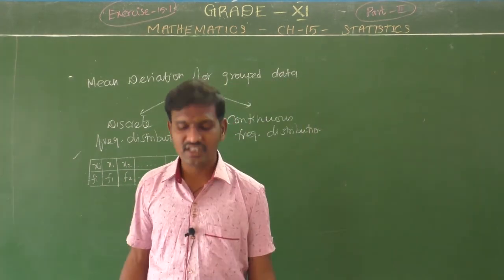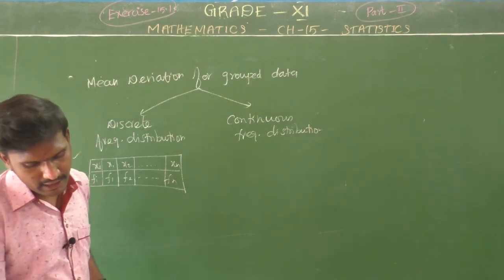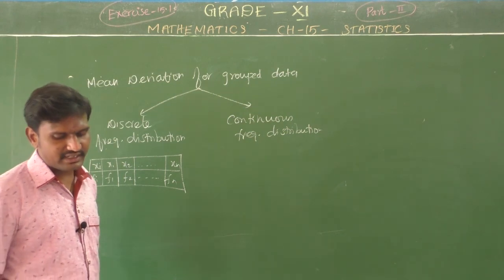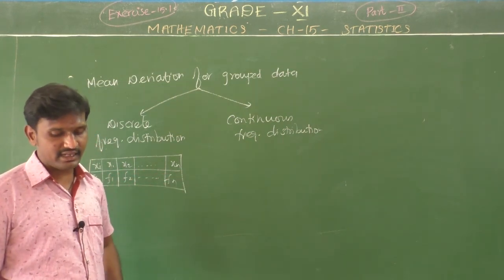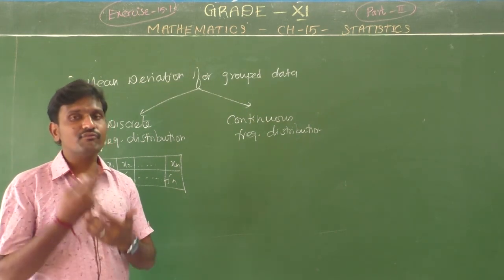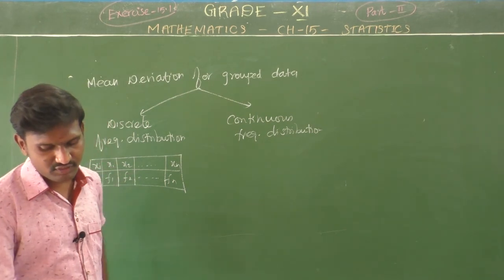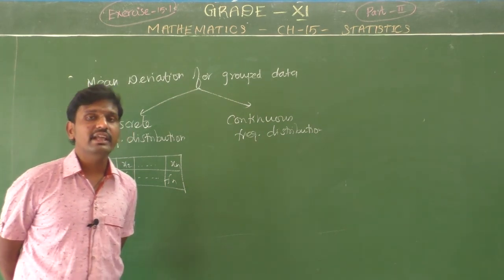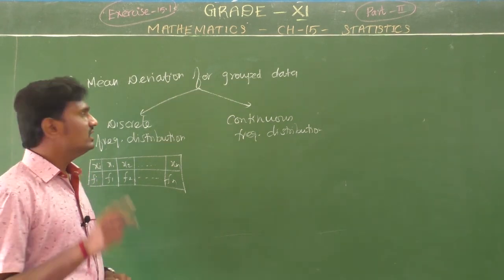Now I give you the definition, listen. Let the given data consist of n distinct values x1, x2, x3 up to xn, occurring with frequencies f1, f2, f3 up to fn respectively. This data can be expressed in tabular form like this. Now what are the steps?